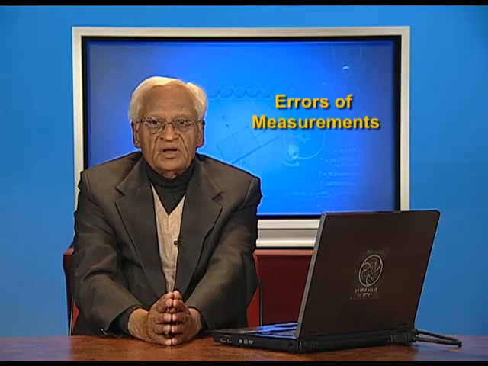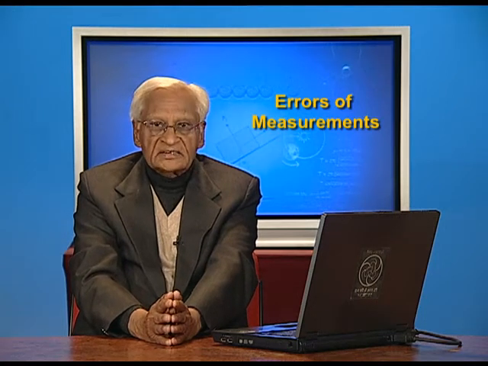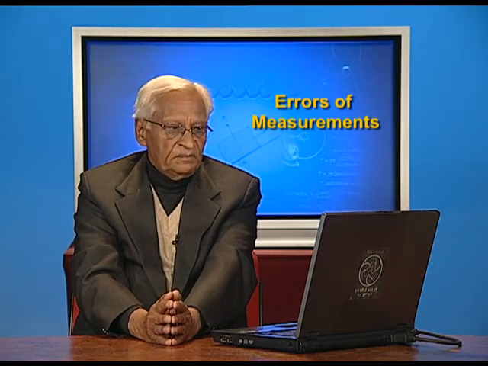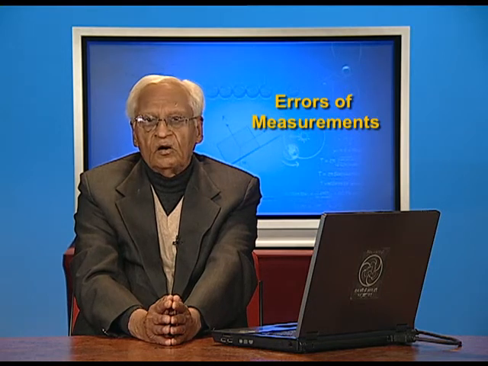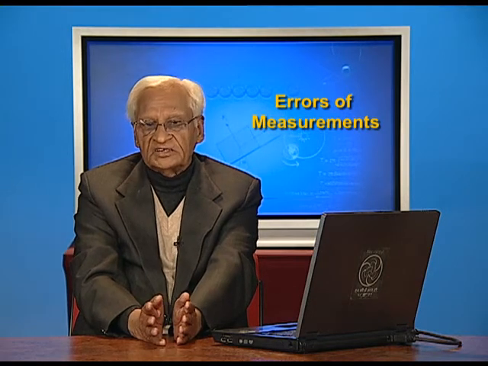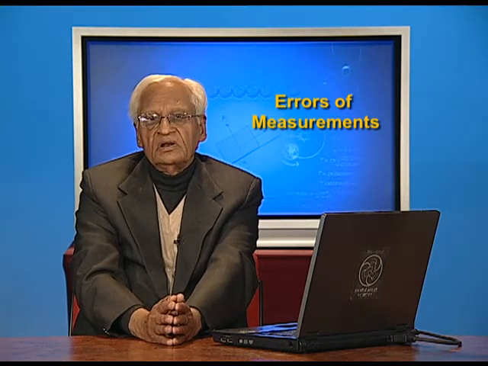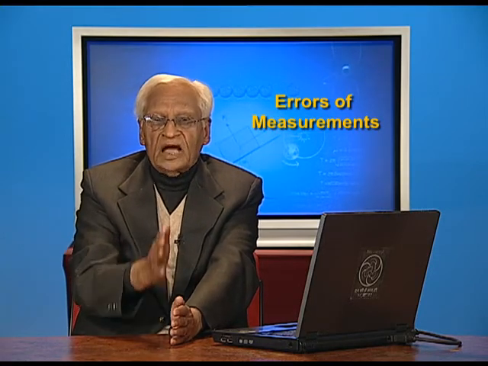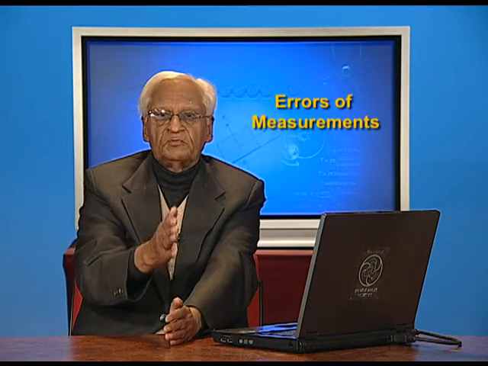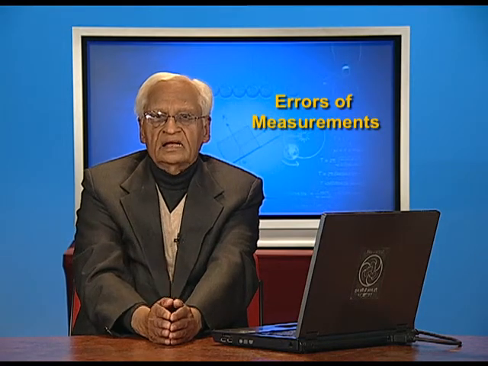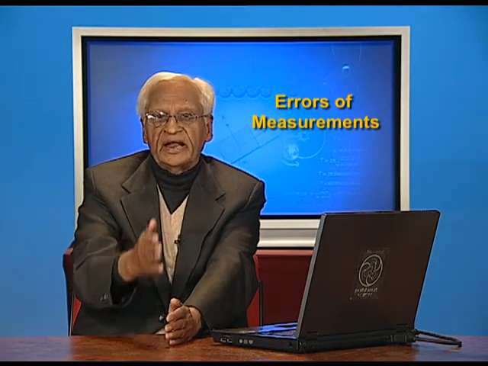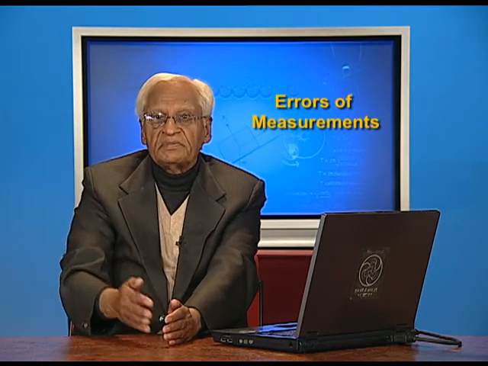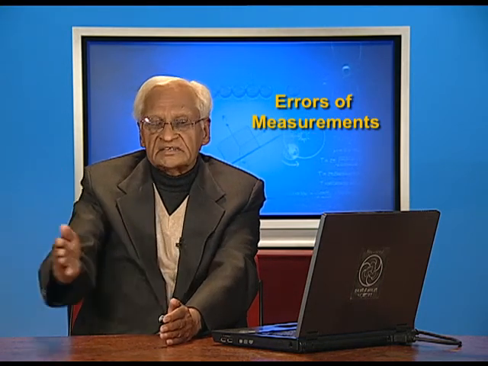In a simple pendulum experiment, despite extreme care, the observed time periods of a given length of the pendulum show random variations. For example, you are measuring the time period for 20 oscillations. The time at one time may be 30.4 seconds, the next time it may be 29.8 seconds, next time it may be 34.6 seconds, and like that.